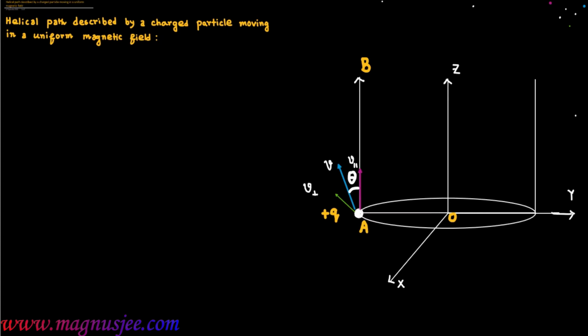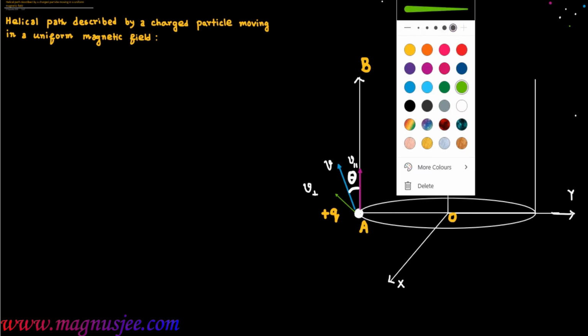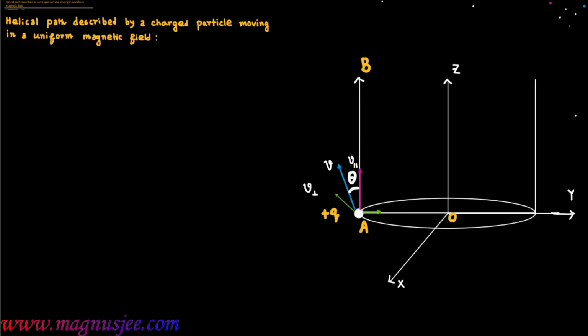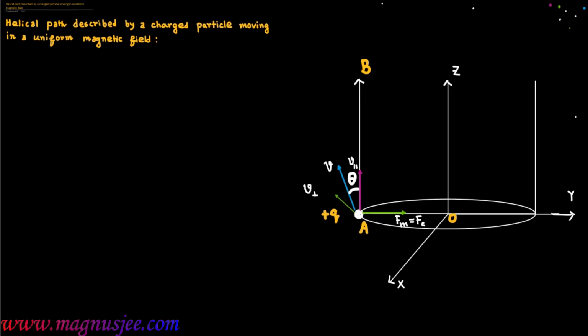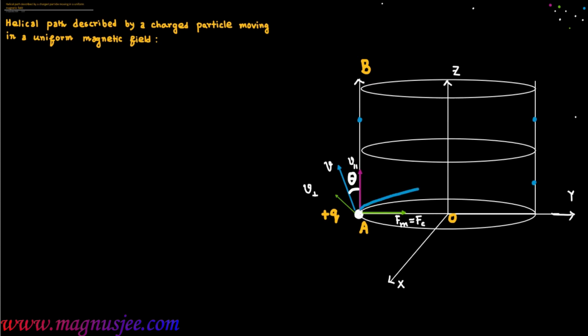V parallel is the rectangular component of velocity in the direction of the magnetic field B, parallel to the Z axis. Due to the v perpendicular component, the charged particle experiences a magnetic Lorentz force Fm, which supplies the necessary centripetal force Fc for the revolution of the charged particle in a circular orbit. Due to the v parallel component, it will have a linear motion parallel to the magnetic field.